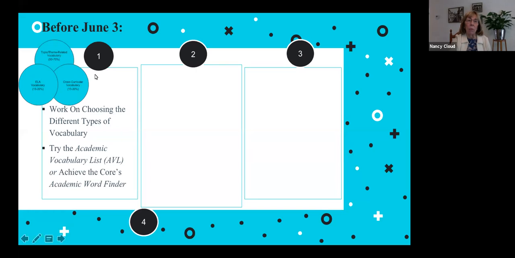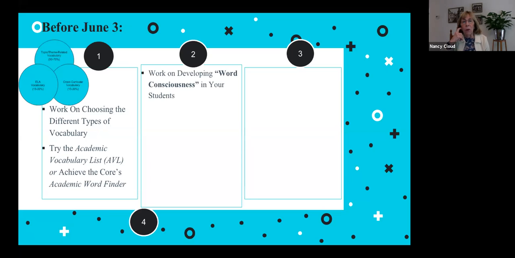And then you also want some cross-curricular vocabulary. And to find that vocabulary, we talked about how you could use the academic vocabulary list or the academic word finder to find those words. Okay, and I asked you to try out those 2 ways, if you could manage, to see how you liked those 2 ways.